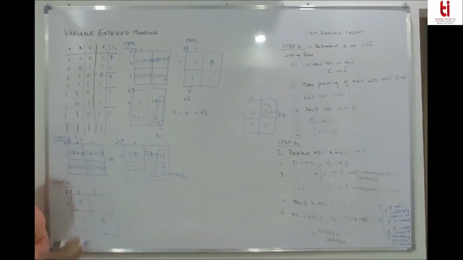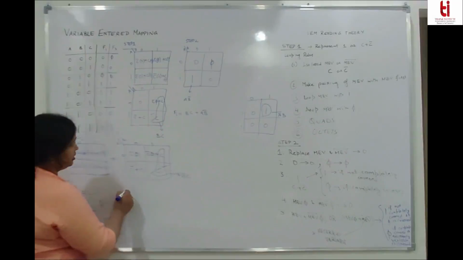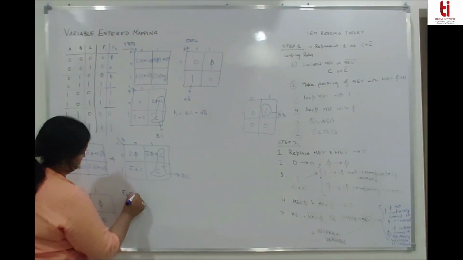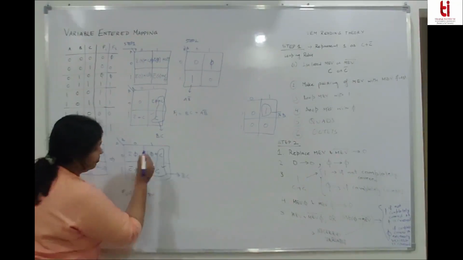And this is also C bar 5 plus C. If you see it, C bar 5 plus C, the necessary variable is covered, the other is not, so 5. So what do you get from this? AB. So the solution is F2 is equal to AB bar plus the same.